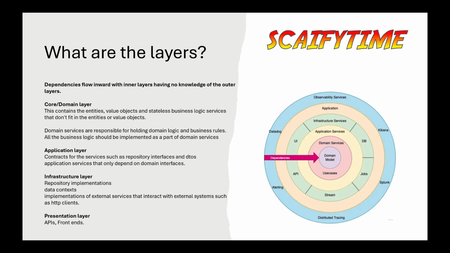This is where user interactions happen, whether it's through an Angular web application, a React front end for residents, or even a mobile app. The goal is that regardless of how users interact with the system, the underlying domain and application layers remain consistent and stable.